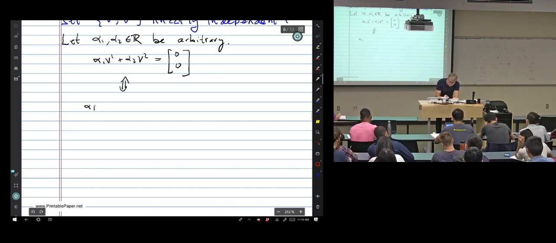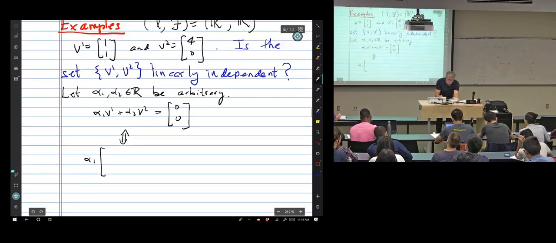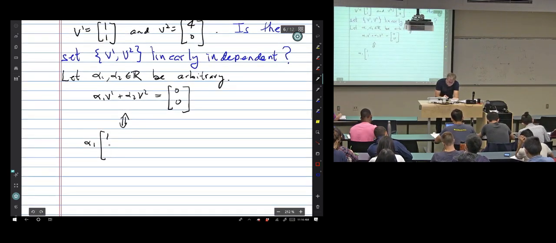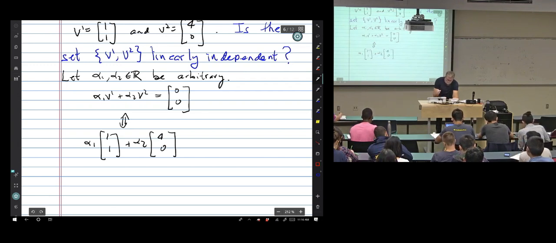So I need to do alpha 1 times (1, 1), plus alpha 2 times the second vector, and you can see that I'm kind of cheating, making the example too easy, is equal to (0, 0).